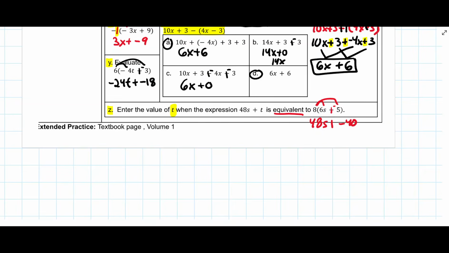We bring down the plus sign. Now, if you line these up, our answer was 48s plus negative 40. What do you think t is? It is negative 40. All right, remember, make sure you know all of these things for these notes, and you can always rewind and see things over again and ask questions.